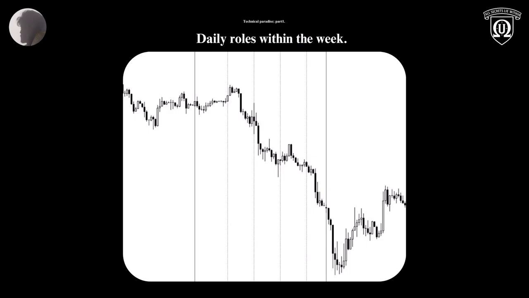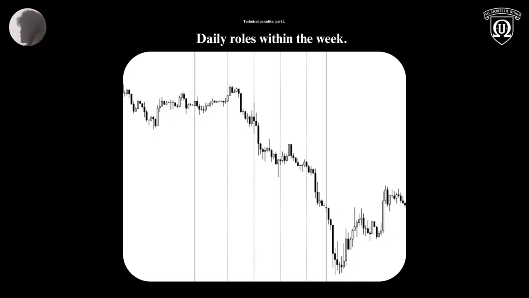Daily roles within the week. Now look at the weekly open marked in the solid vertical line. That's Monday, and then you have Tuesday, and then Wednesday is a nice OTE continuation, and then Thursday, and in this case, Friday dumped with no mercy, right?